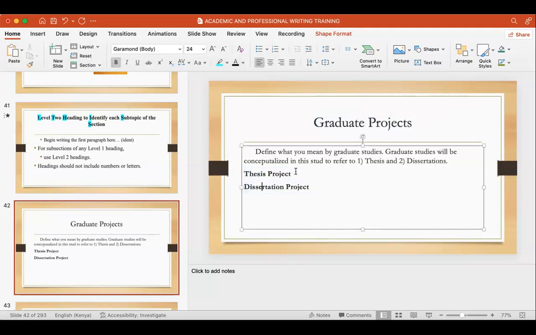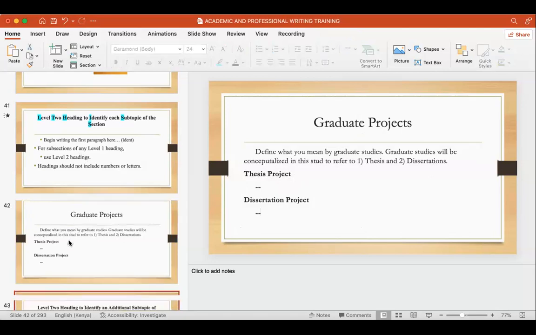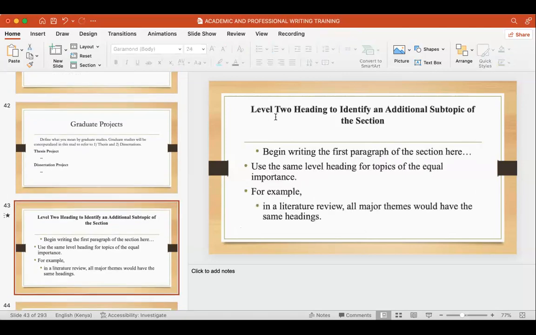Okay, and then the first sentence here starts with an indent because this is a paragraph. And do the same here. Indent it, start from there. Okay, so level 2 headings to identify an additional subtopic of the section.